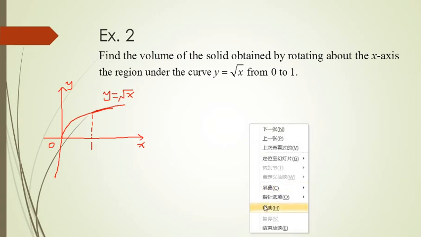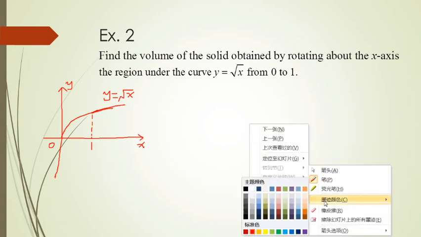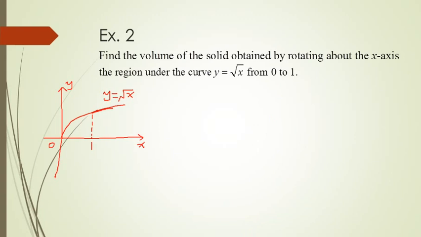Let me use a different color. Find the volume of the solid. How can we obtain the solid? We get this region, under the curve y equals root x from 0 to 1, which means you get this part.